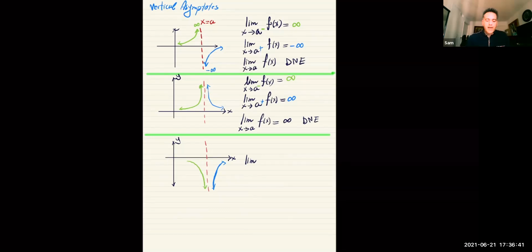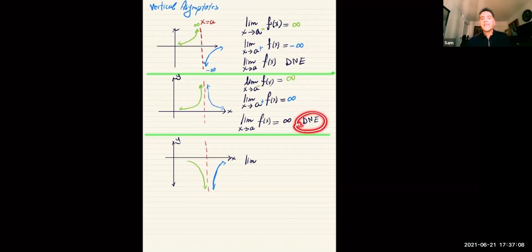I can't write down what happens here because you're getting different infinities. So here you just say it doesn't exist. That's it. But with this situation, since both limits are infinity, you can write the limit of f of x as infinity, but still infinity is non-existent.